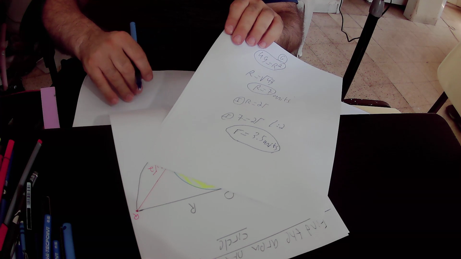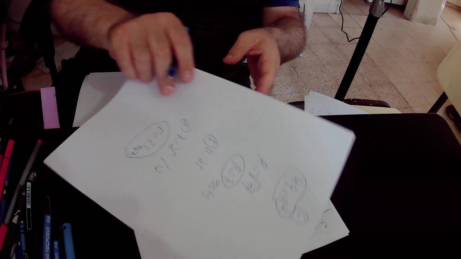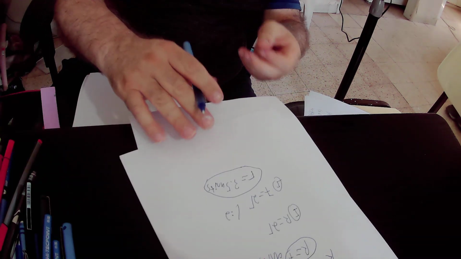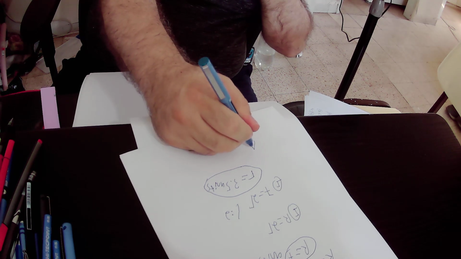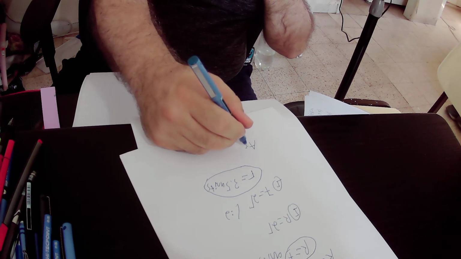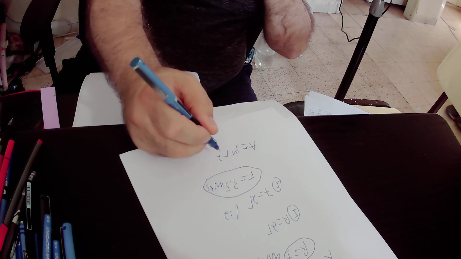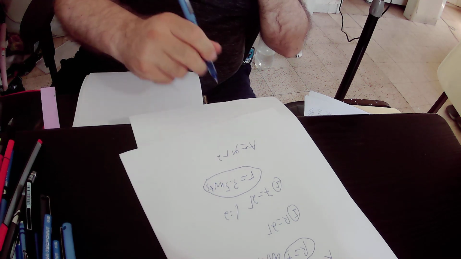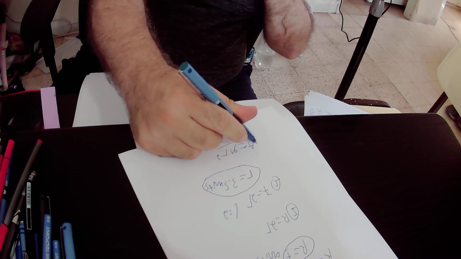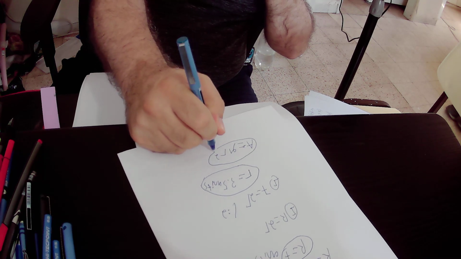Okay, now we have the equation of the circle that states that the area of a circle equals pi times r squared. So we can substitute the value of r by 3.5 units.